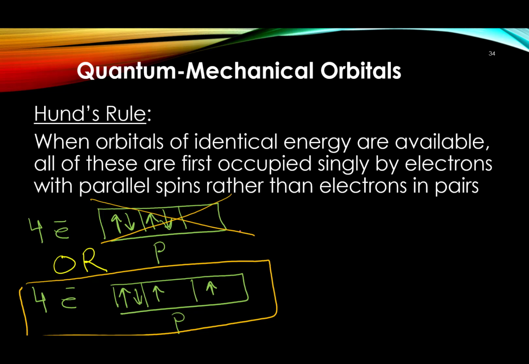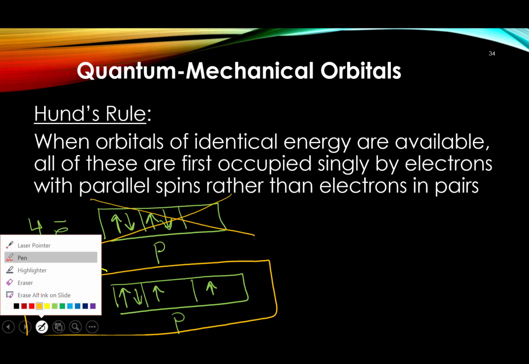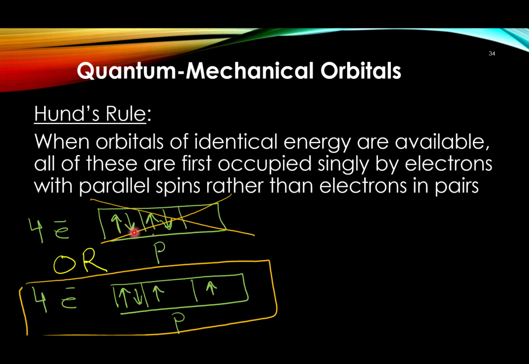You want to make sure there is 1 electron in each orbital, rather than having 2 full orbitals and 1 empty orbital, we're going to have 1 full orbital and 2 half full.